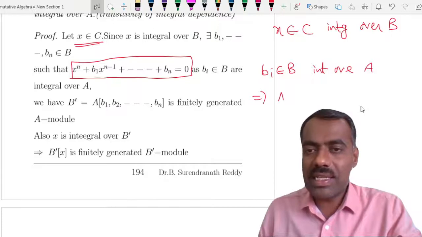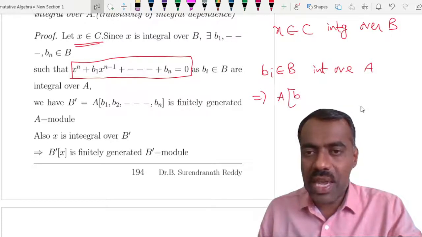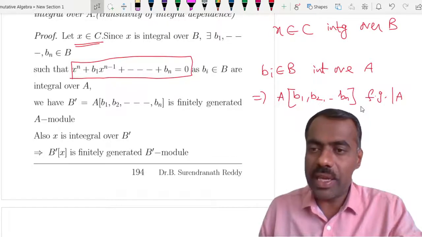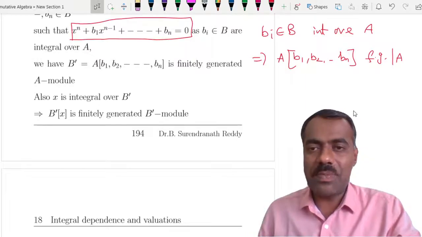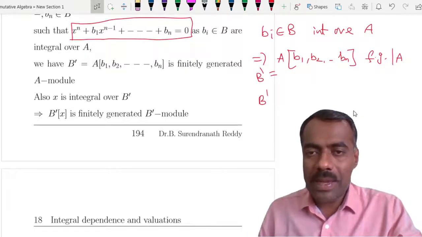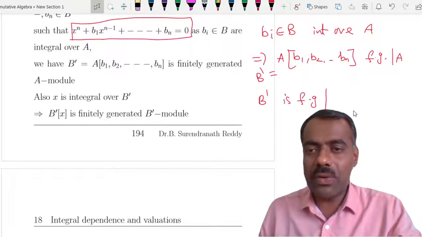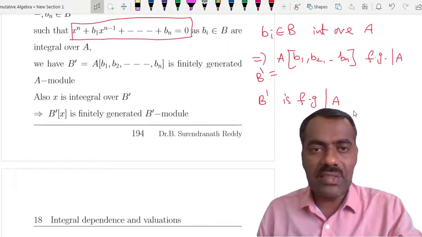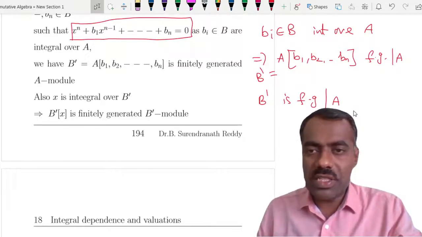This implies that when you adjoin the bi's, b1, b2 up to bn, to A, this is finitely generated over A. If you call this B prime, therefore we get that B prime is finitely generated over A. And x satisfies the equation with coefficients coming from B prime.